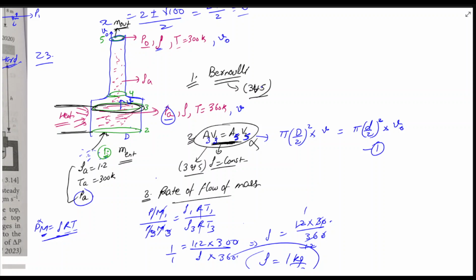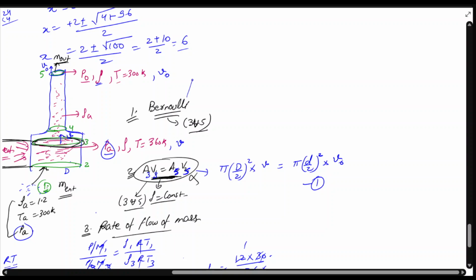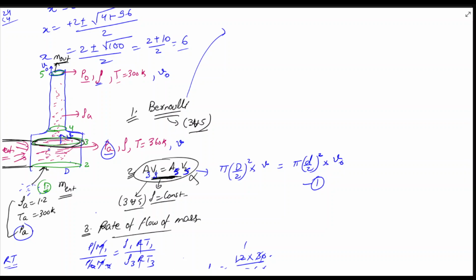Now let's use the Bernoulli's. So look, where we have to use the Bernoulli at 3 and 5. So after it gets the heat, it starts to rise. Okay, so at 3 the pressure is simply Pa plus, if this is our base, then this is our height and it is given, it's 9 meter.